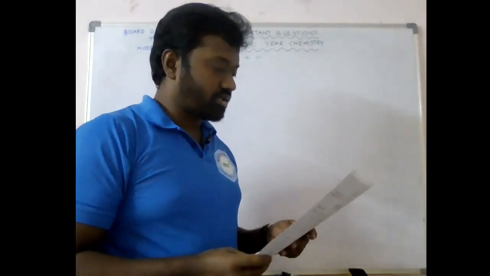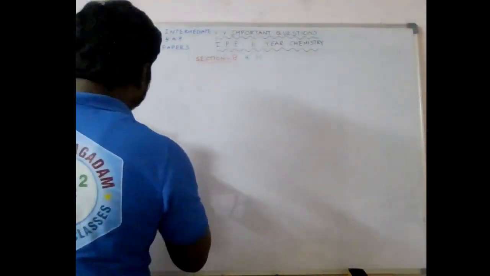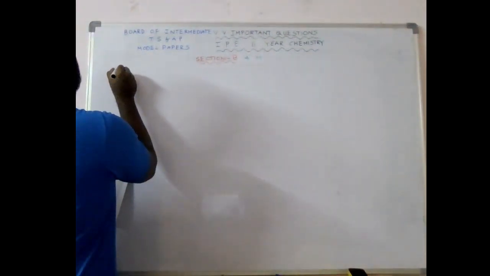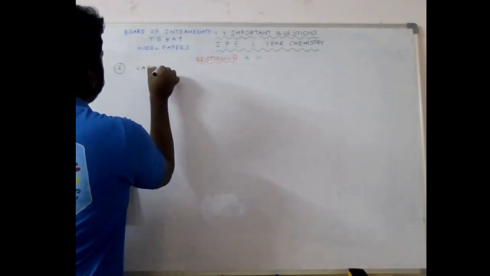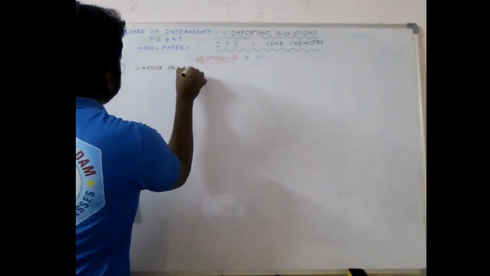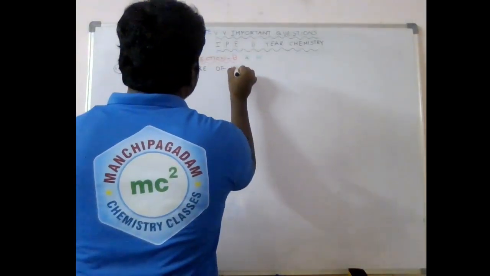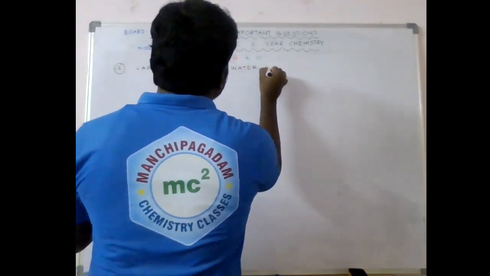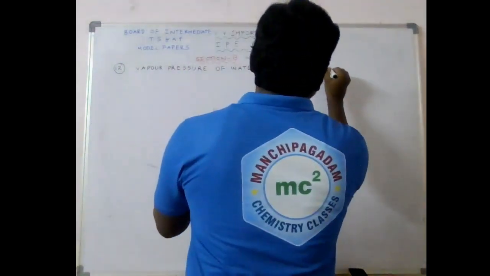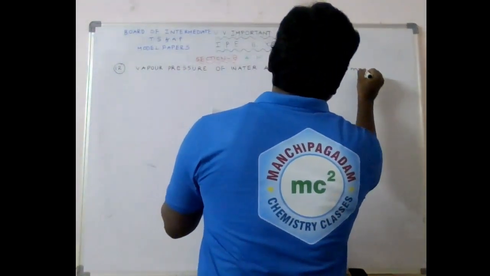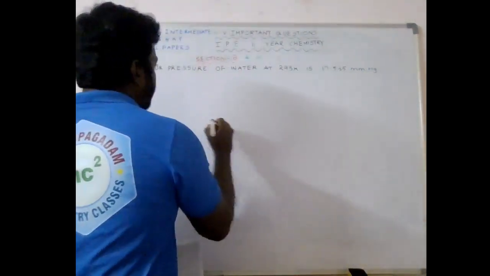Vapor pressure of water at 293 Kelvin is 17.535 millimeter of Hg. Very simple problem. Vapor pressure of water. Water means what? Pure solvent, that one. Water at 293 Kelvin is, how much he has given? 17.535 mm of Hg.